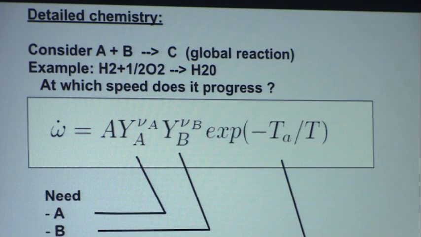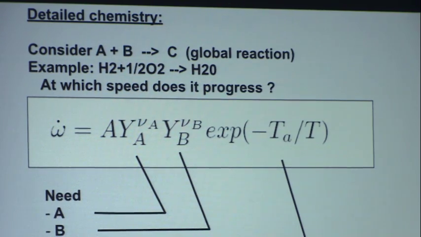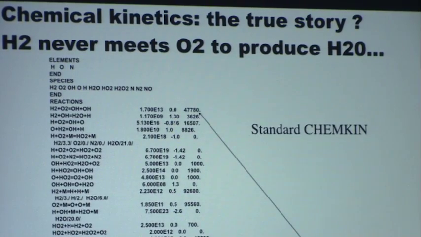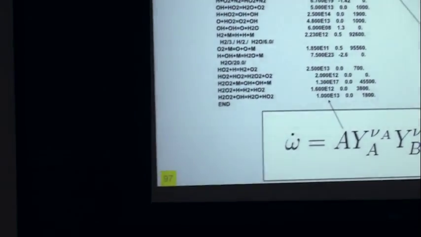So I'm just starting talking about H2 plus O2. H2 plus 1/2 O2 gives water. That's the simplest combustion you can imagine. And you know that in practice, these things never happen. In the real world, H2 never meets O2 to give H2O.